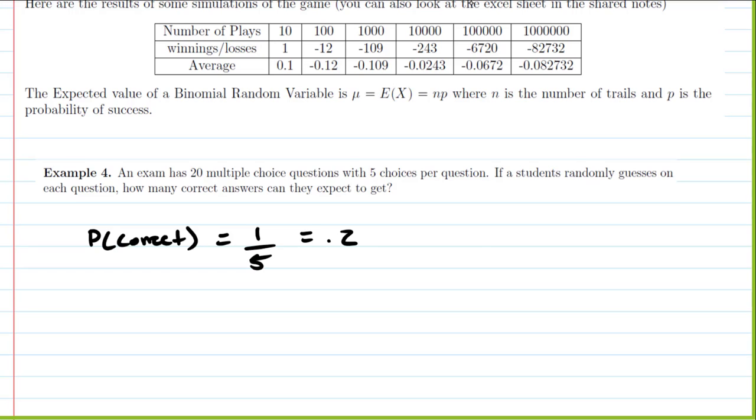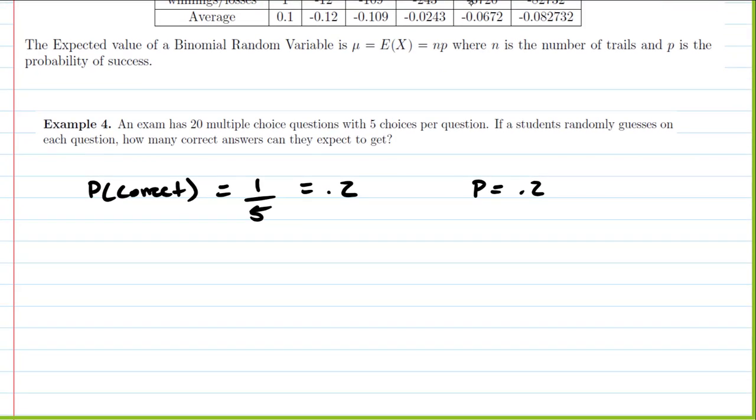So that's going to be our p-value, so p is 0.2. And the number of trials, n, is going to be 20, because we have 20 multiple choice questions. So if the student randomly guesses on each question, how many can they expect to get correct?